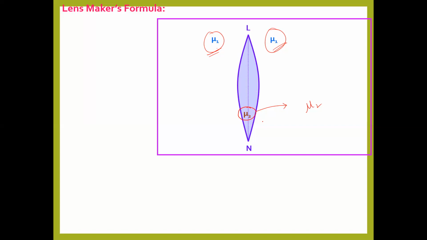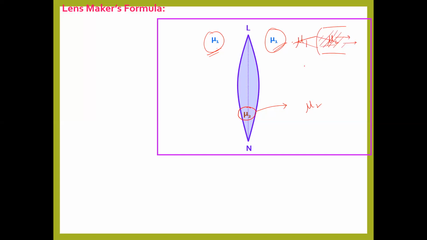Previously, we discussed one curved surface, after which a second medium starts, with mu1 and mu2. We assume that this is infinitely stretched, so any object placed anywhere, its image is formed in the second medium, and thus we proceed and find equations for the refractions.